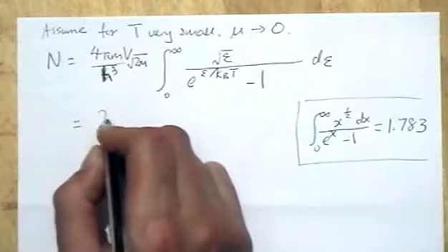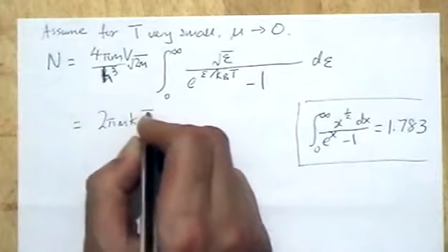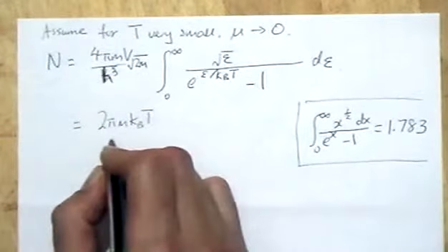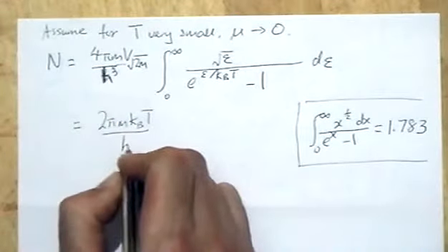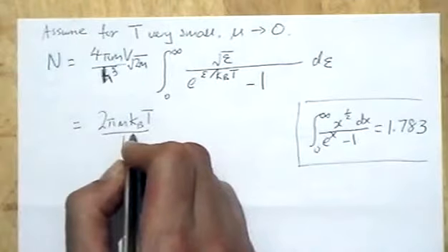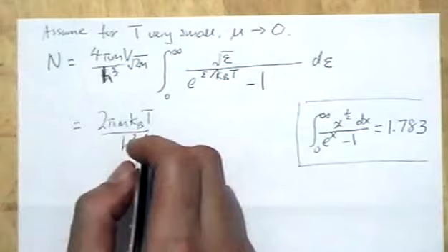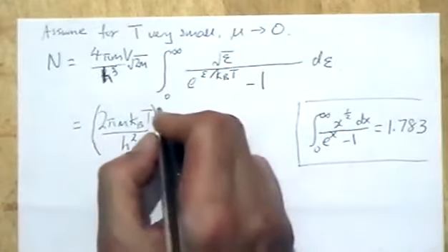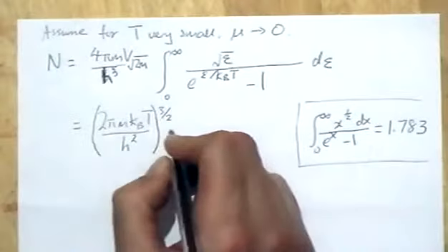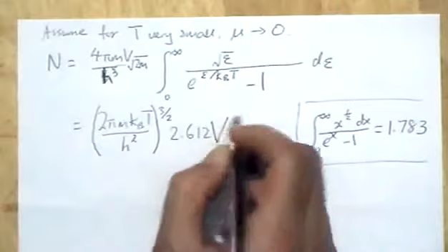So it looks like this: 2 pi m kBT over h squared, to the power of 3 over 2, times 2.612 V, for volume.